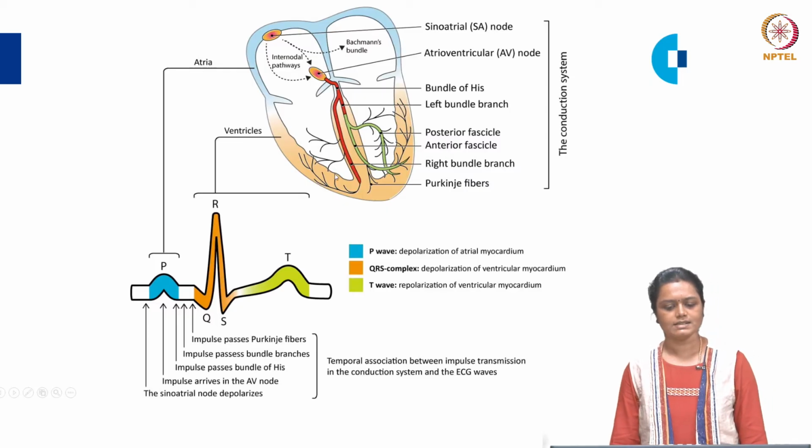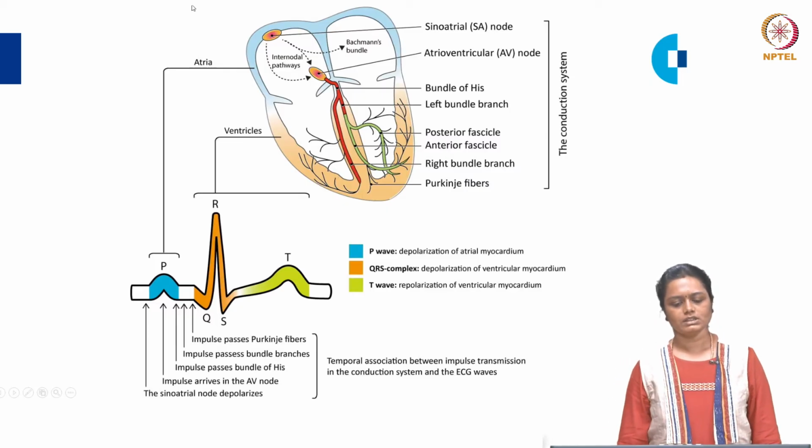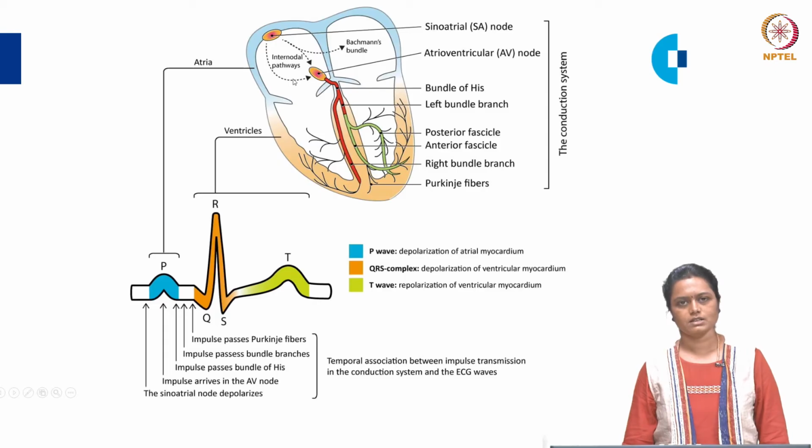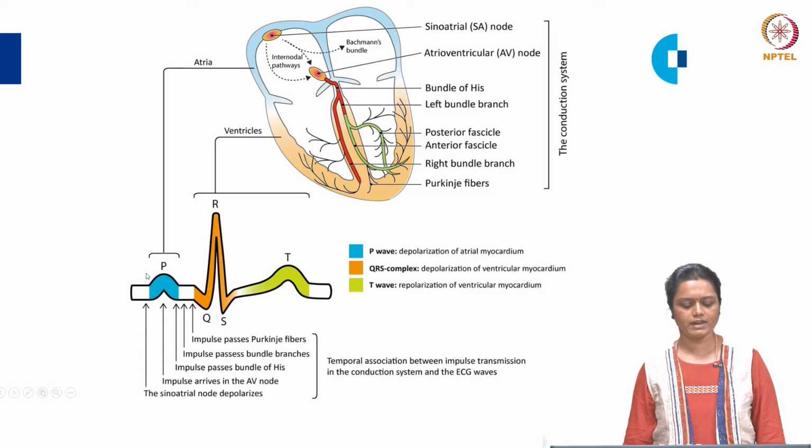So, this is the conducting system of the heart. The conduction pathway followed by the impulses generated from the SA node till they reach the ventricular myocardium is depicted on the ECG. The entire P wave signifies the activity of the atria.